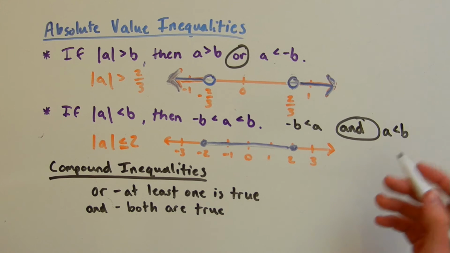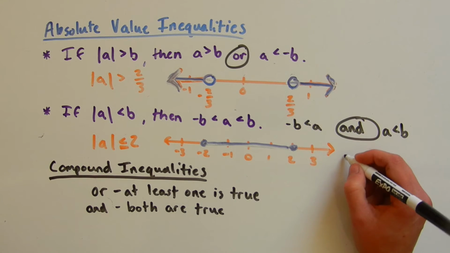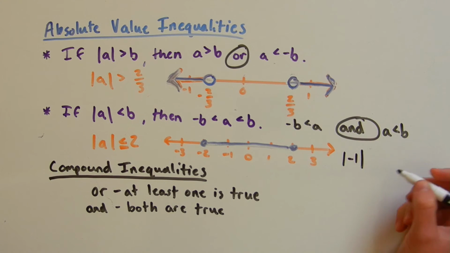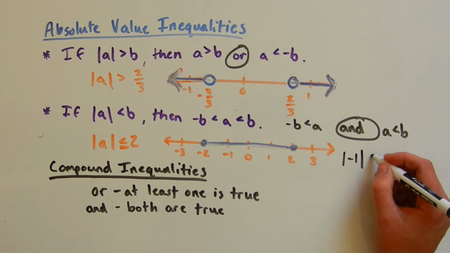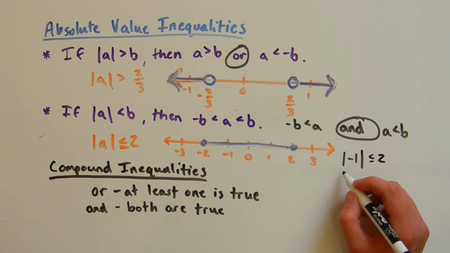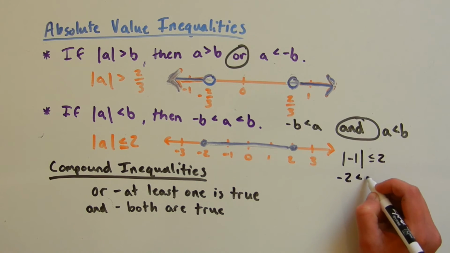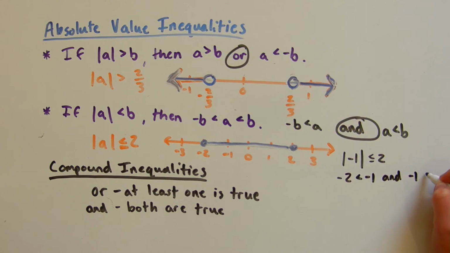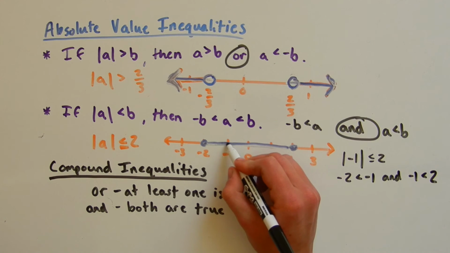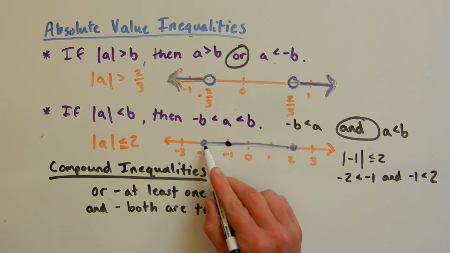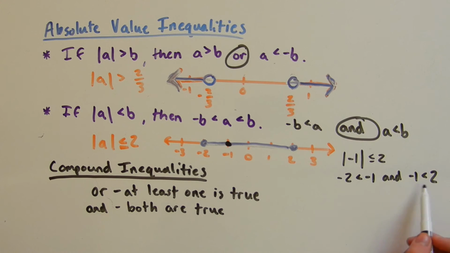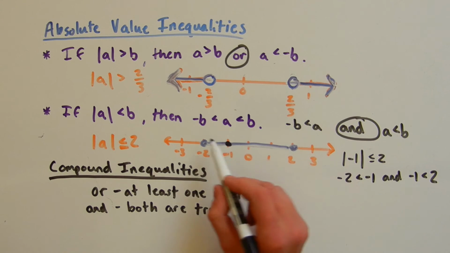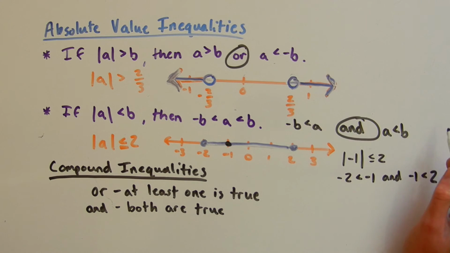So if we pick a number, say -1, we know that the absolute value of -1 is less than or equal to 2 because -2 is less than -1 and -1 is less than +2. So -1 falls within both inequalities. So both of these are true.